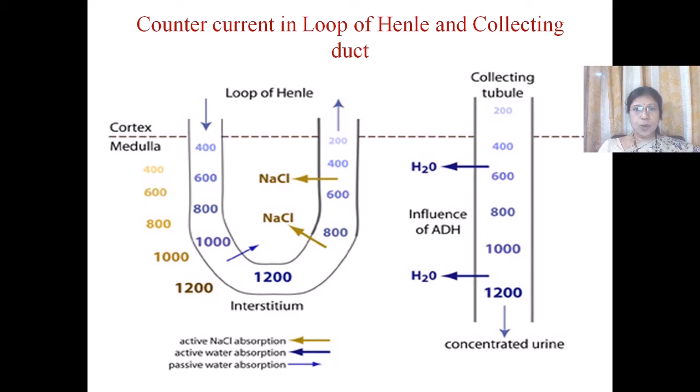This is possible due to the entry of sodium chloride and urea from the loop of Henle and collecting tubule, collecting duct, into the medullary fluid. I have already discussed how the sodium chloride is reabsorbed in the ascending loop of Henle and the urea in the collecting duct, and accumulates in the medullary interstitial fluid.